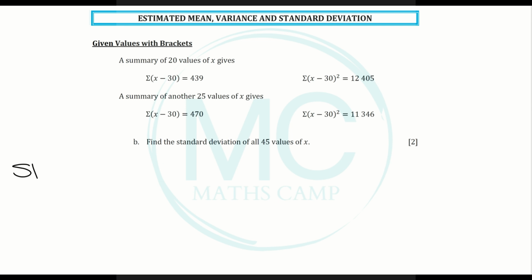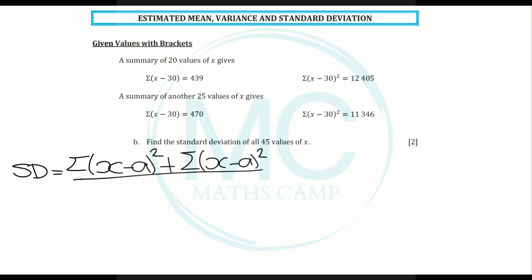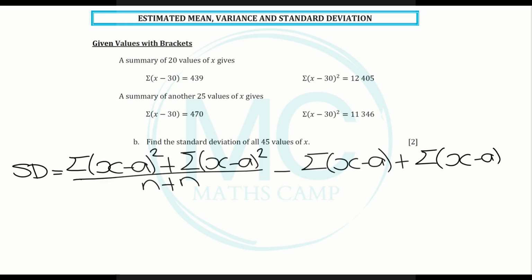To find the standard deviation, I'm going to say sigma x minus a squared for our first data set plus sigma x minus a squared for the second, over the total number of data set values, minus sigma x minus a for my first set plus sigma x minus a for my second set over the total number of values.